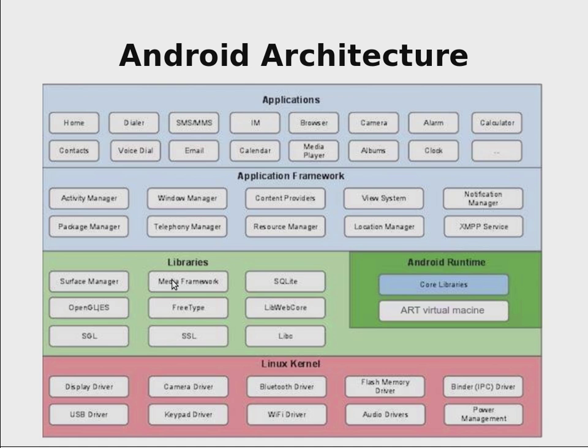On top of that, they cherry-picked other open source projects as native libraries for performance reasons and because they were ready. The most important ones are FreeType fonts, SSL libraries for encryption, SQLite as a built-in relational database to store data, OpenGL as hardware acceleration for graphical tasks, and some other things.